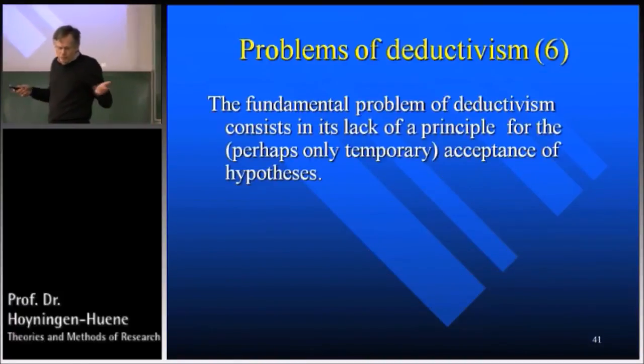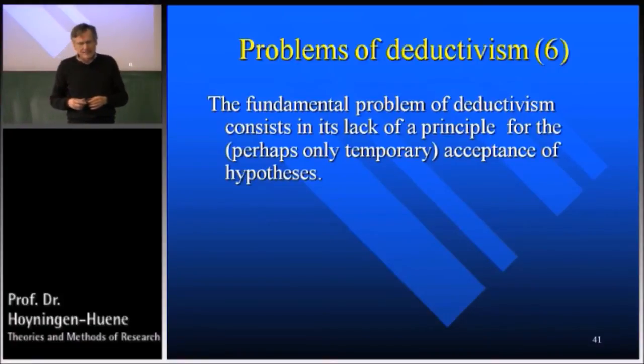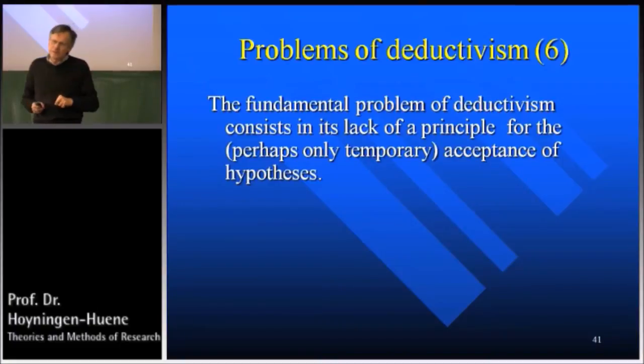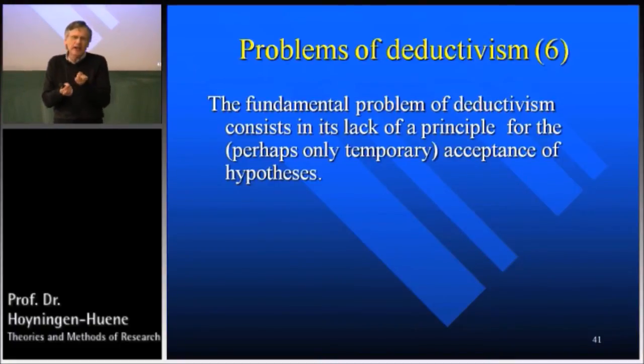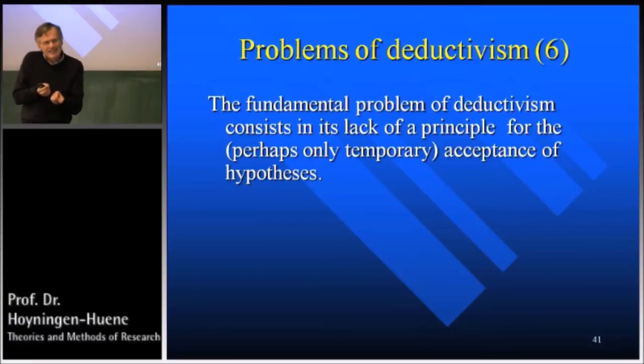The fundamental problem of deductivism consists in its lack of a principle for the perhaps only temporary acceptance of hypotheses. The criticism goes on and doesn't stop, and in a sense, it destroys itself. If you want to be totally critical, you're destroying yourself.